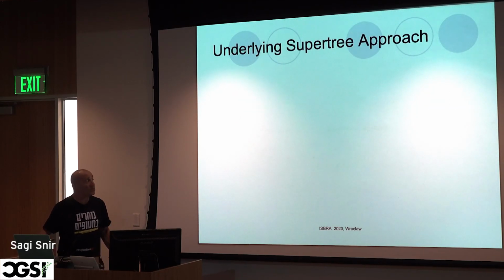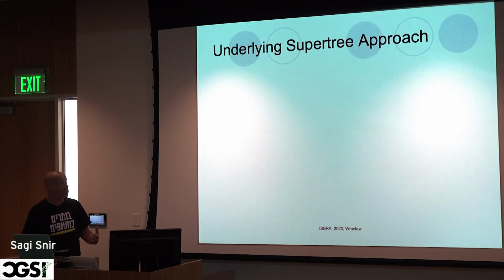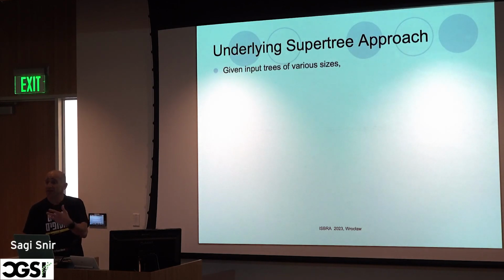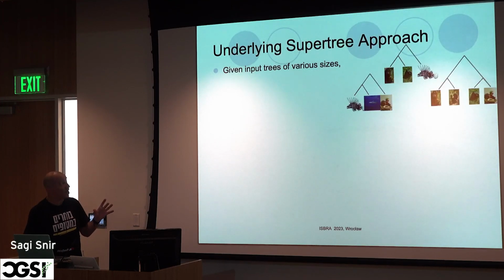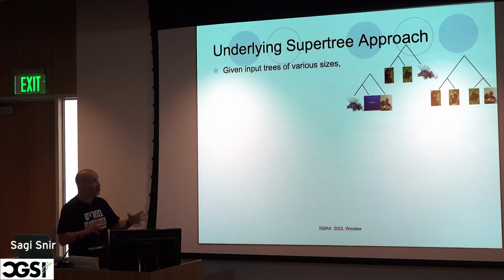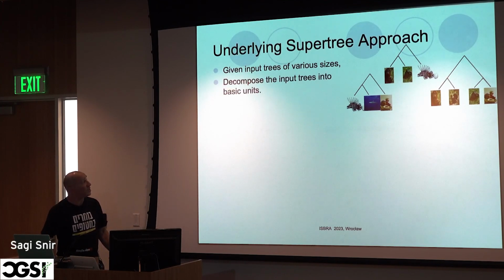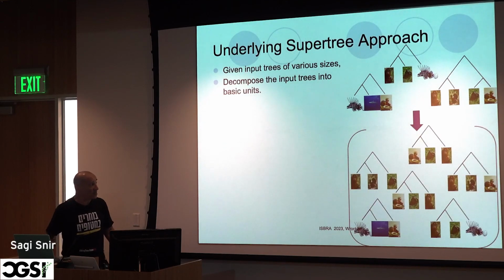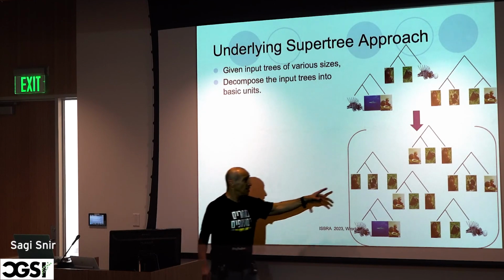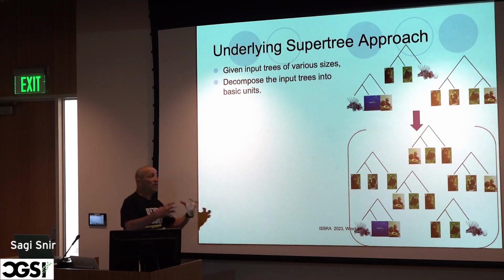Okay, so what is the underlying supertree approach? We get several trees that normally, but not necessarily, are conflicting. You see these are trees of different sizes, and we decompose them into the most basic components, like here, as I said, the rooted triplet, and now we combine them.